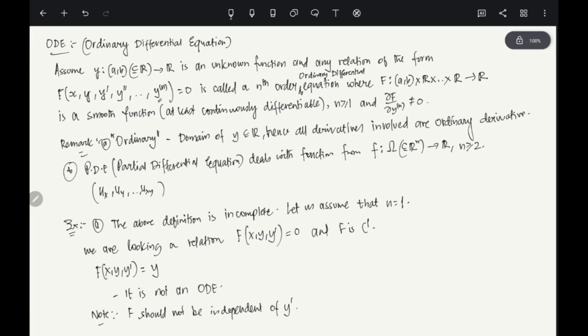So basically it should be dependent on the derivative at least. If n equals 1, it should be dependent on y prime. So if it is an nth order ODE, it should not be independent of the nth order derivative. Clear? I hope this is clear.